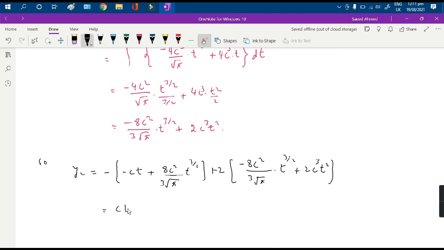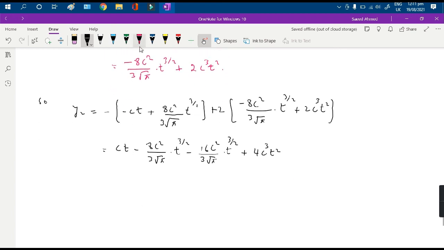Okay, this becomes ct and minus 8c square over 3 square root of pi into t to the power 3 by 2, and this becomes again minus 2 times 8, 16 over 3 times square root of pi c square into t to the power 3 by 2, and then 4 times c cube t square. The second and third terms have the same power of t, so we can combine them.